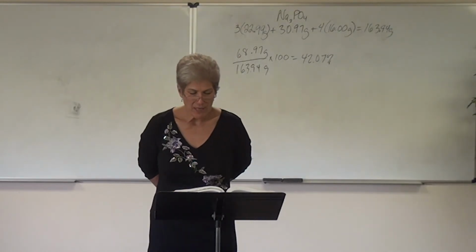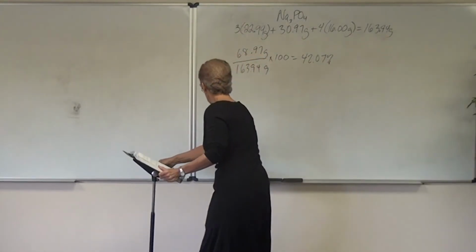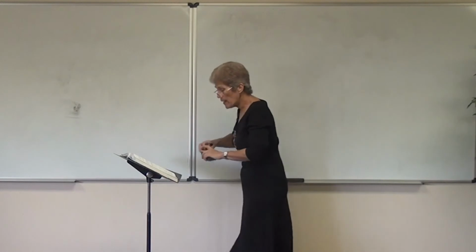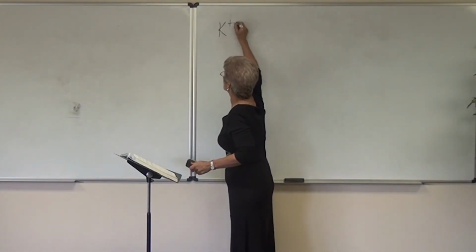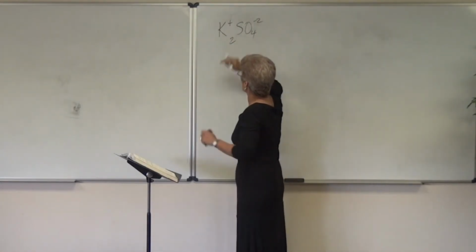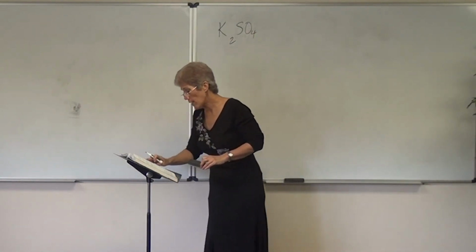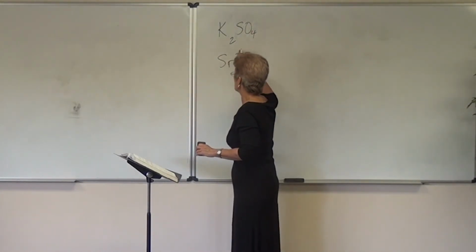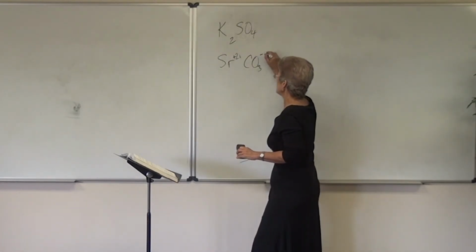Number 17, give the chemical formula for the following substances. The first one is potassium sulfate. Potassium is K, and you know that's a +1. Sulfate you have memorized, so you flip-flop the charges. Strontium carbonate: strontium is Sr, a +2 metal, and carbonate is CO3 -2.